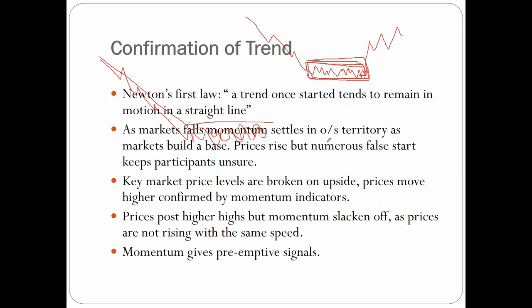Now the momentum indicators that were in oversold areas will start coming up to the neutral areas. So this price break will be confirmed by the momentum indicators. The key market levels are broken on the upside, prices move higher, confirmed by the momentum indicators.